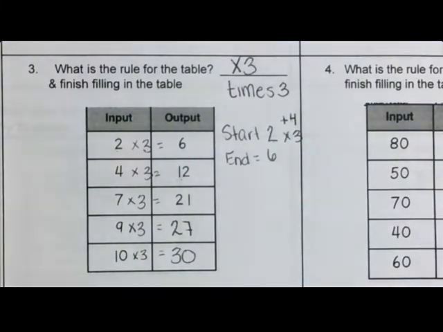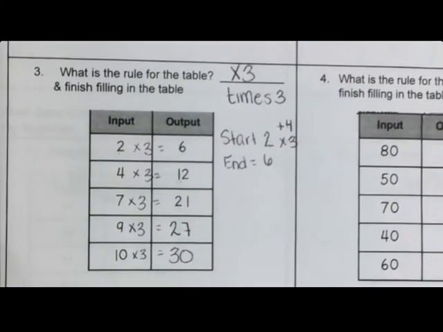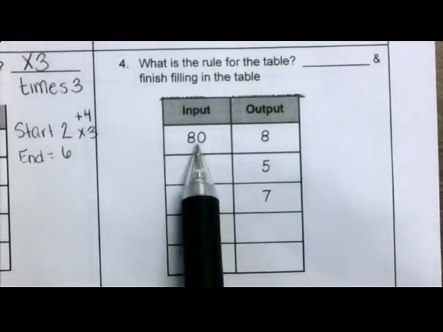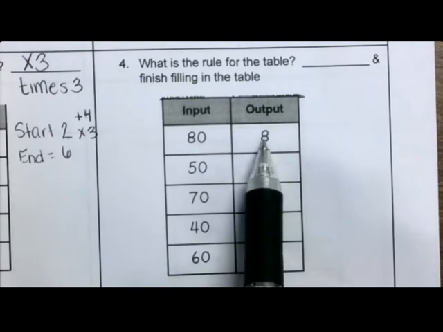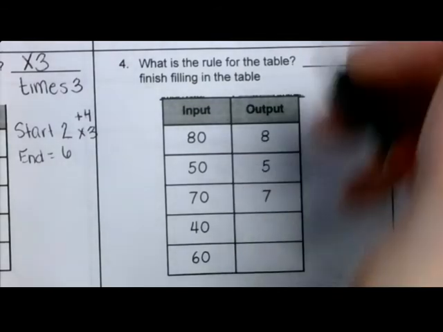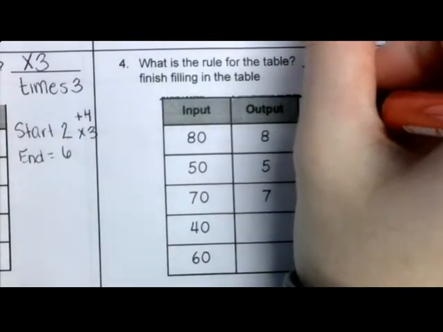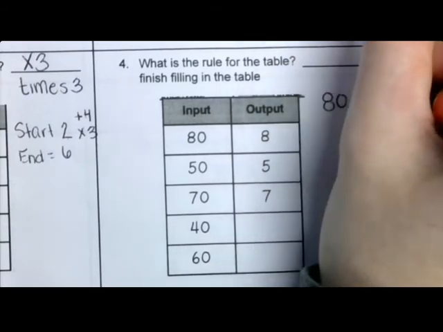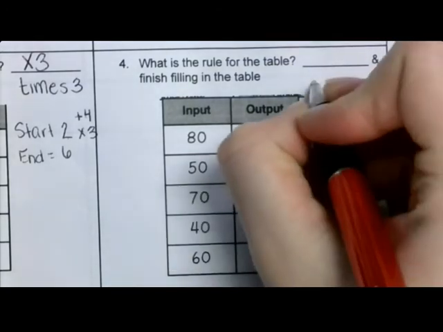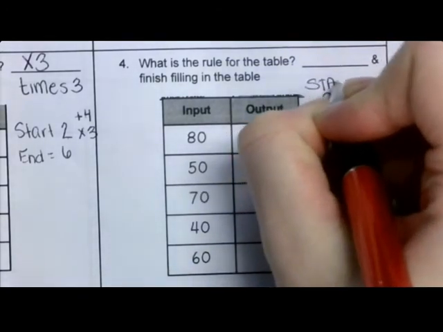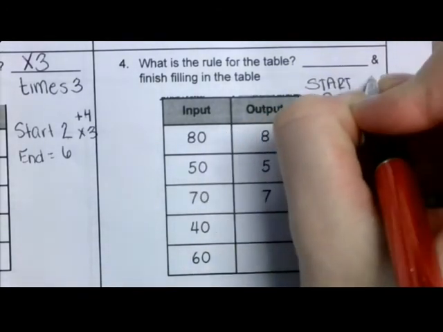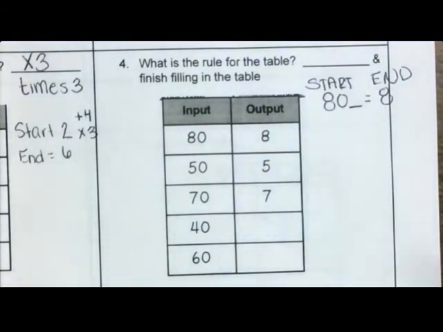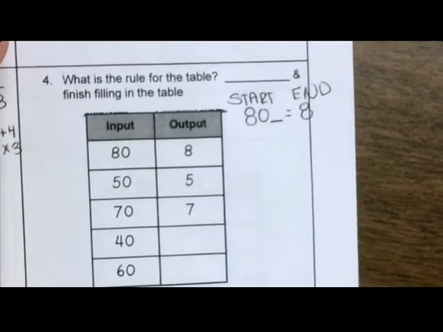So if we look at the next one, we're going to do the same thing. My input is 80, and I end up at 8. Well, I start at 80, and I somehow do something to end up at 8. What are some ways I could get there?